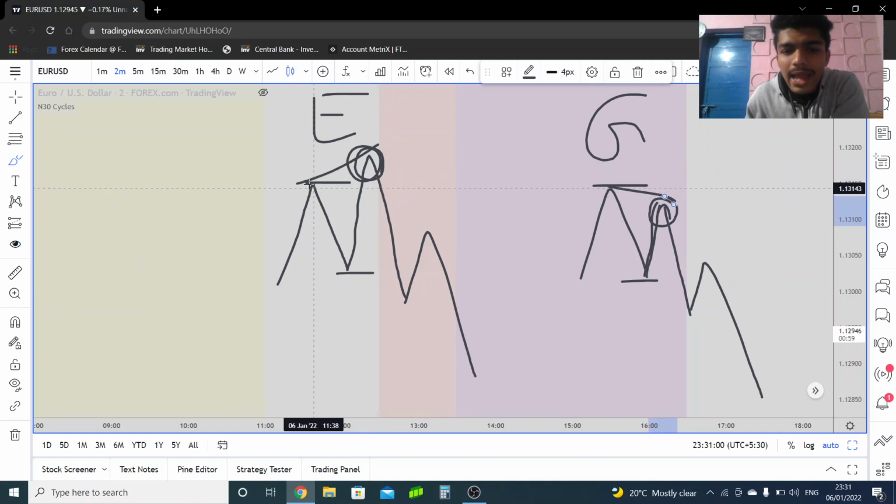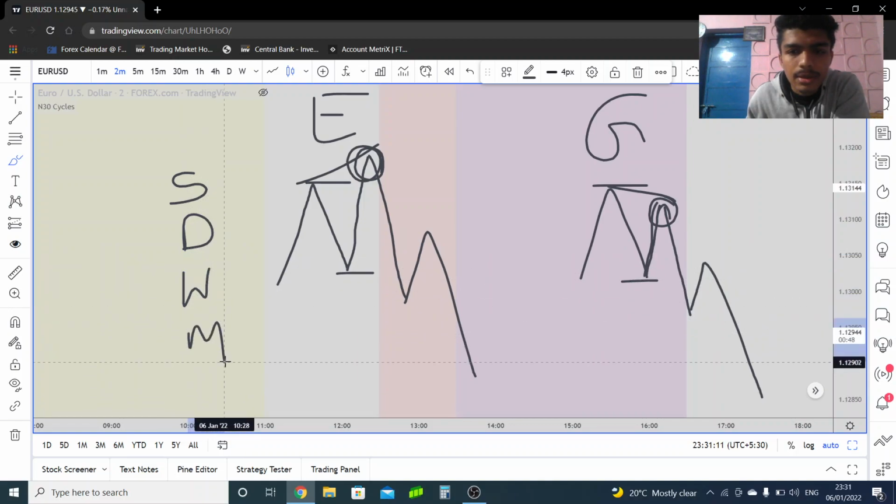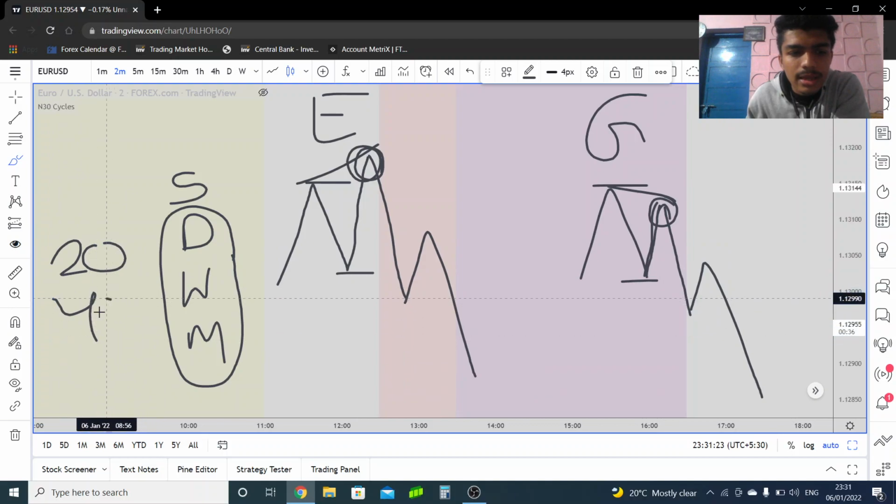This old high can be a previous session high, previous day high, previous week high, or previous month high. This is a combination of ICT's 20-day, 40-day, and 60-day look back period.